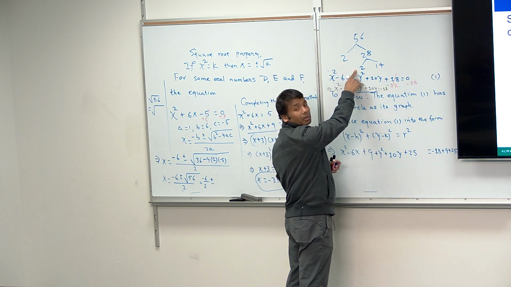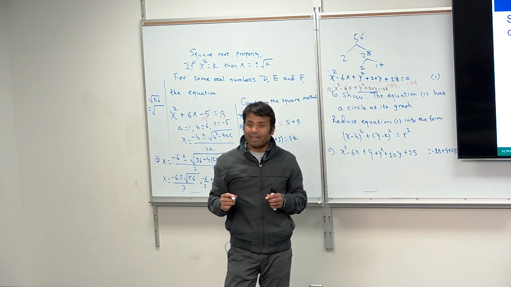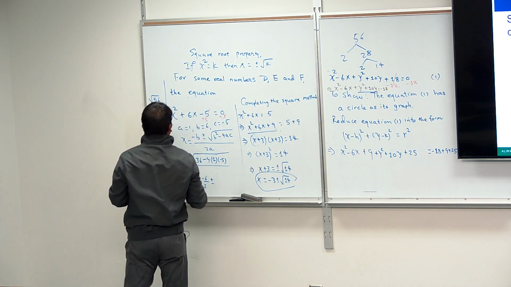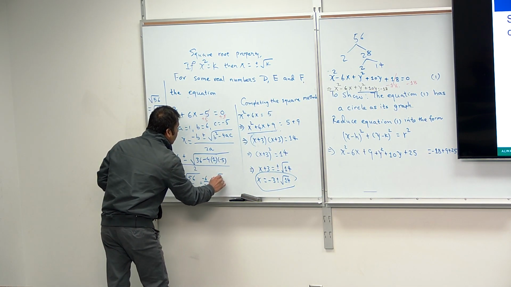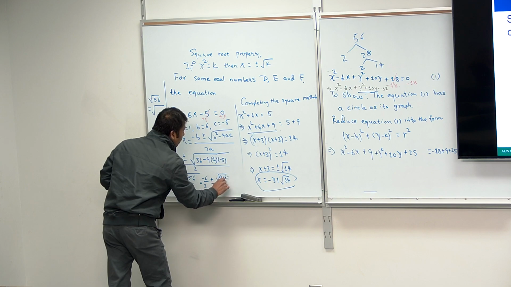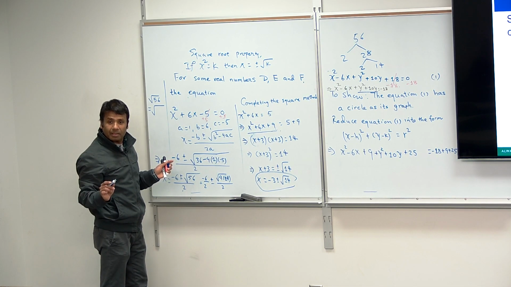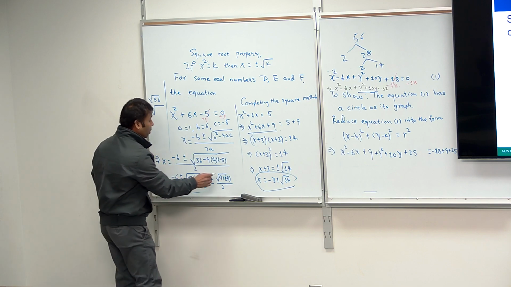What is 2 times 2? 4 times 14 is 56. So this is radical 4 times 14 over 2. Radical 56 is radical 4 times 14.